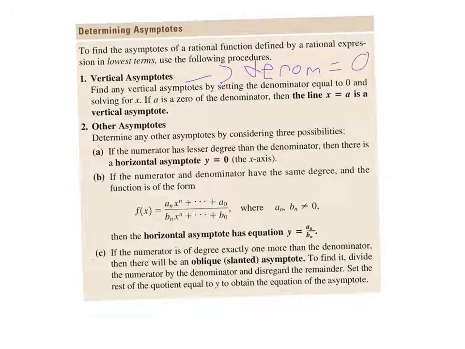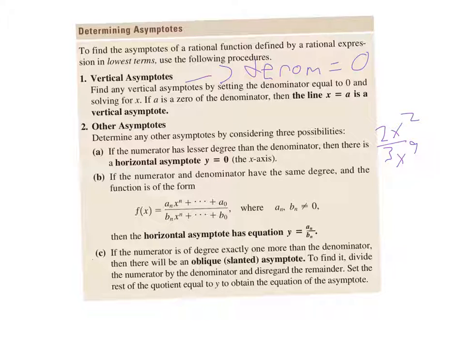If the numerator has a lesser degree than the denominator, then there's a horizontal asymptote at the x-axis. Like say, if you end up with a rational function like 2x squared over 3x to the 9th. Since the degree of the denominator is greater than the degree of the numerator, then there's a horizontal asymptote at the x-axis, at y equals 0.